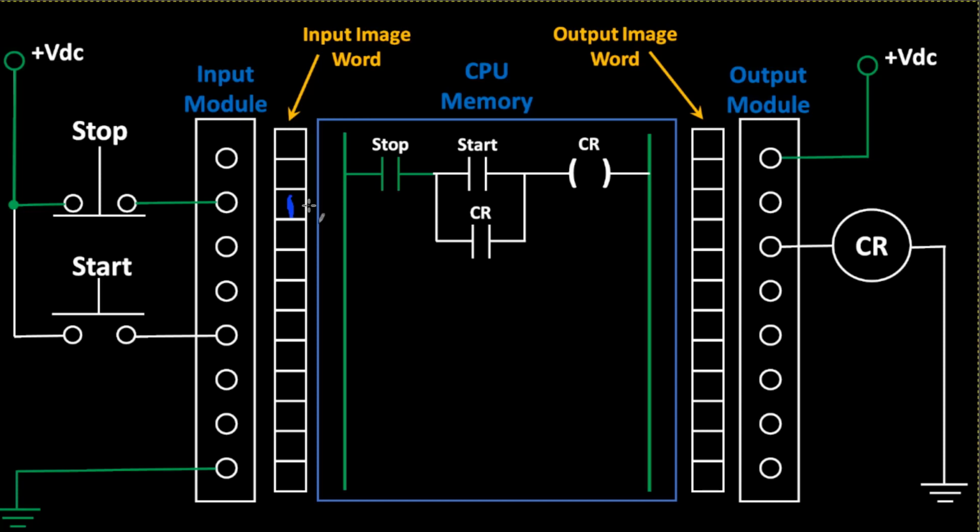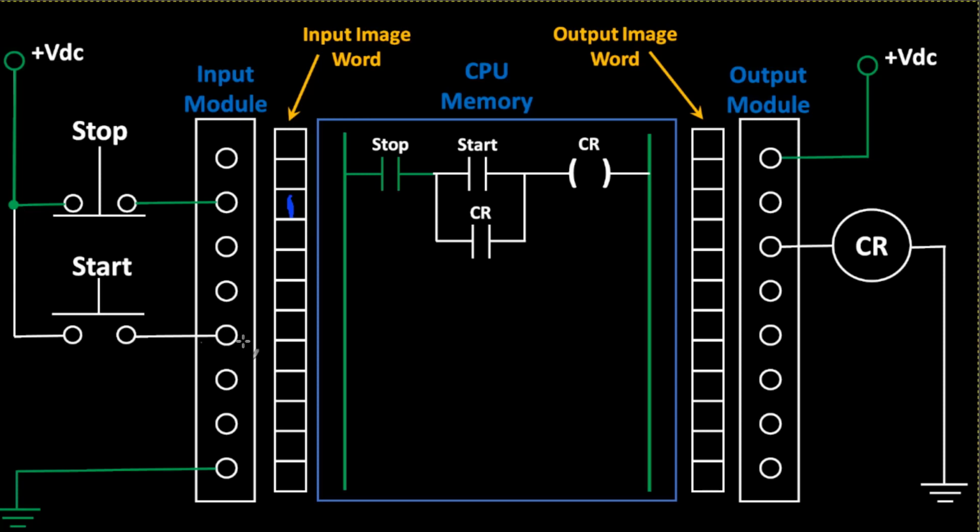Let me repeat that again. When the input image register has a 1 in a bit location, any instruction in the ladder or in the program code will be in its opposite state. The start push button is open.